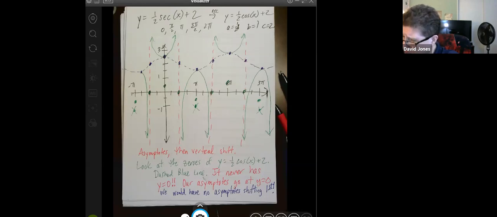And peak would be there for the base graph. So I'm going to shift those. They all go right by 2 pi over 12.